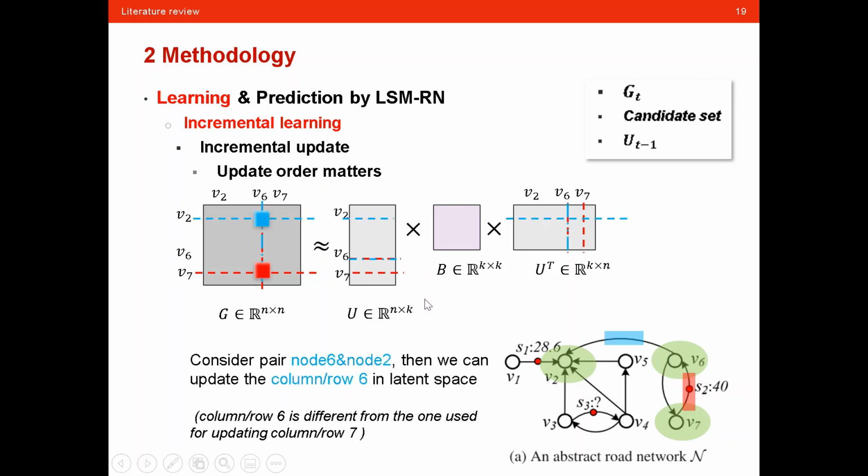However, when the observation from node 6 to node 2 is given, we can update row 6 in the latent space. At this time, the row 6 will be different from the one used for updating row 7, and that will introduce some trouble for this problem.